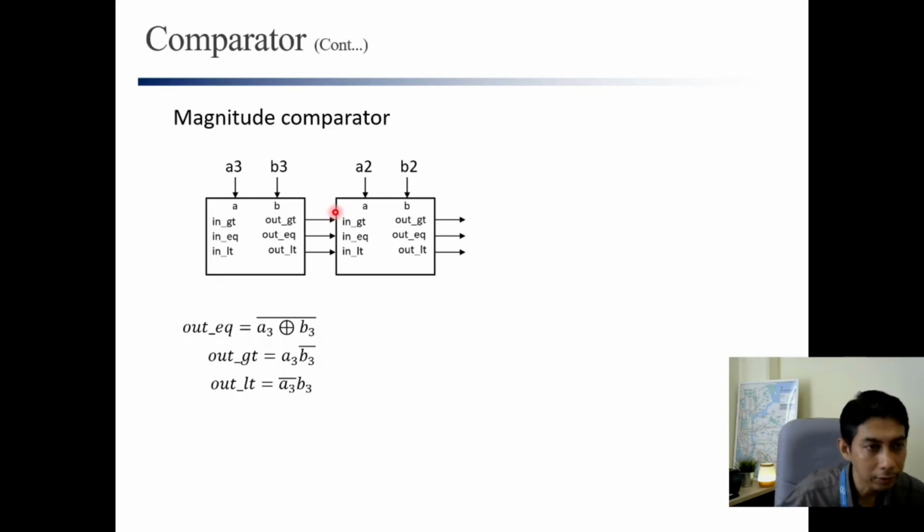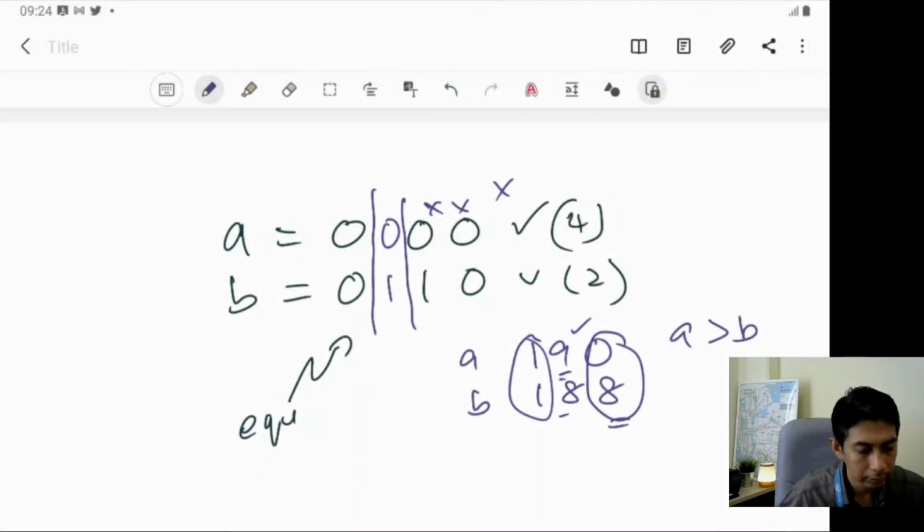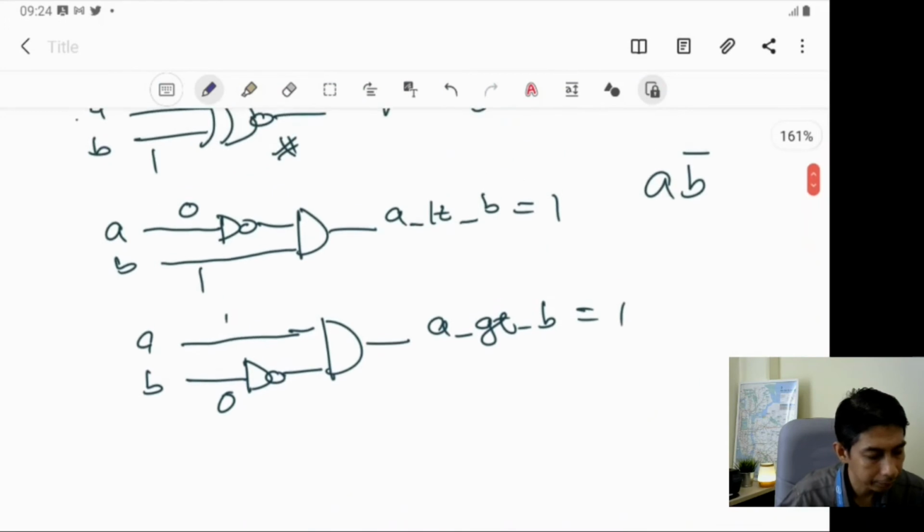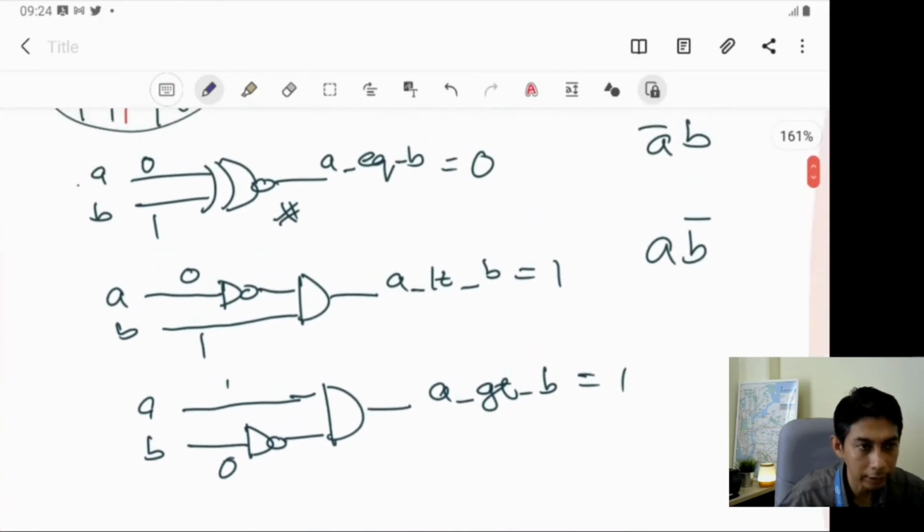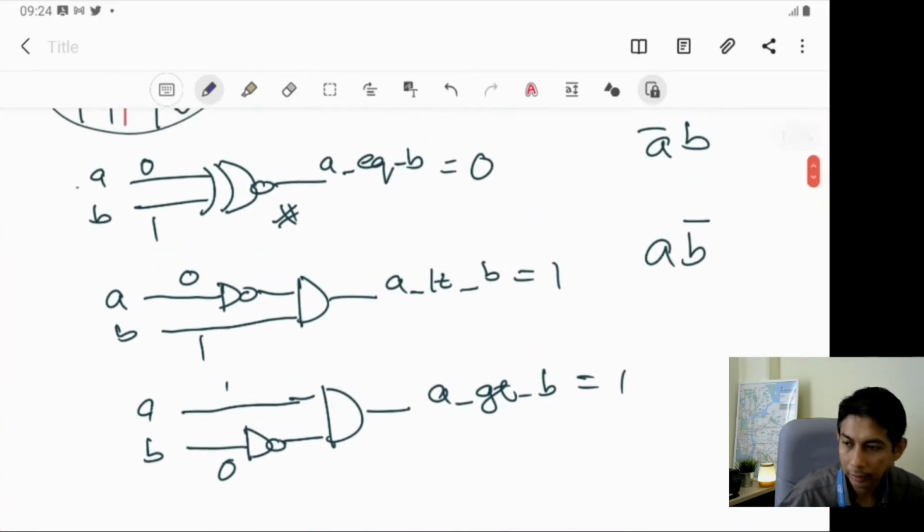So this is how. We have the circuit inside. The circuit here is actually this thing, right? What is inside the module is actually this one.